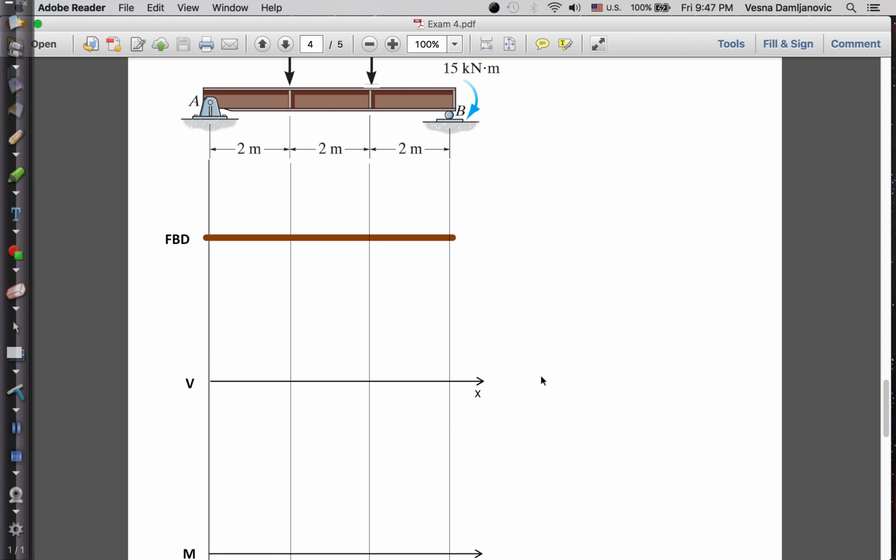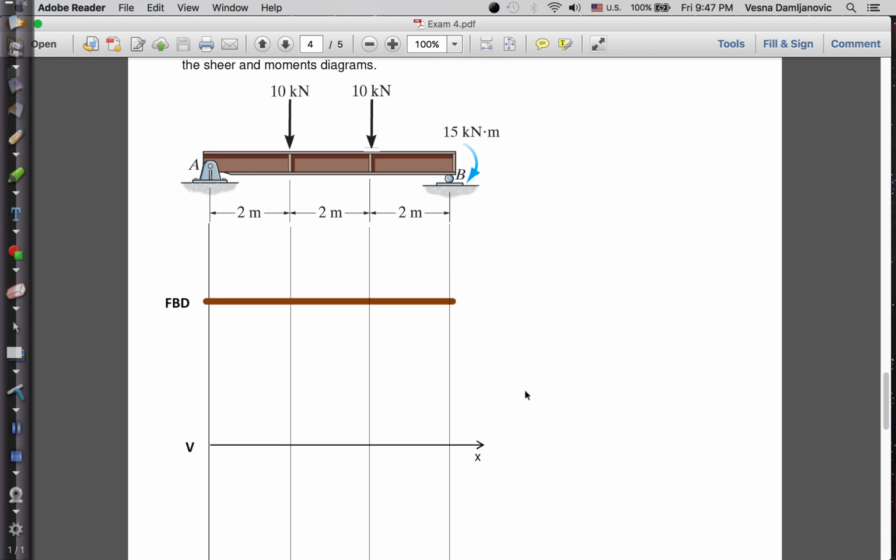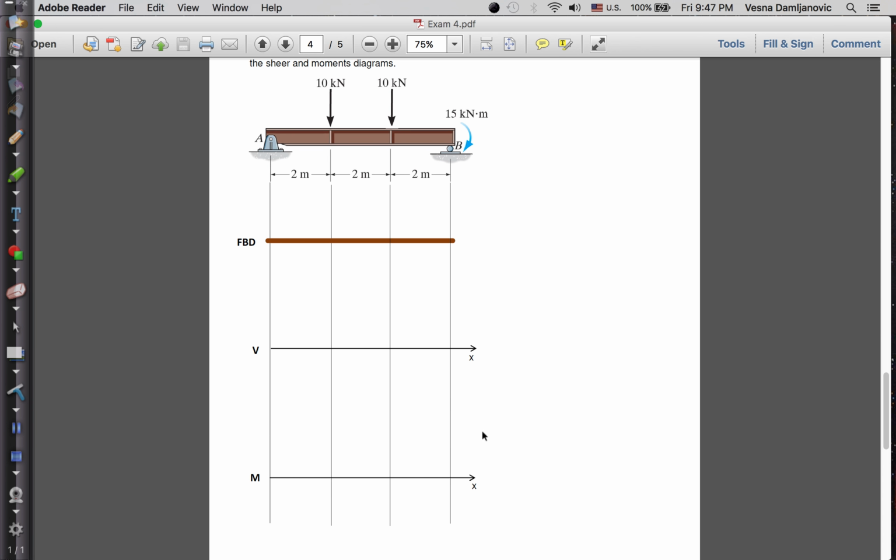I don't know. Let's do it like this. No, I'll have to erase and move it up for the moments. Okay, use another page or something. Okay, so let's look at the shear moment diagrams. Yeah, maybe I can do that, and I'll be spilling out to the side. How about that?